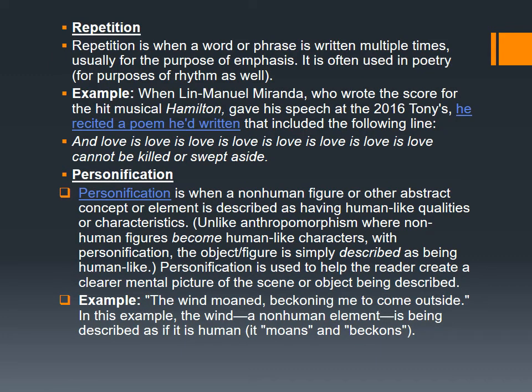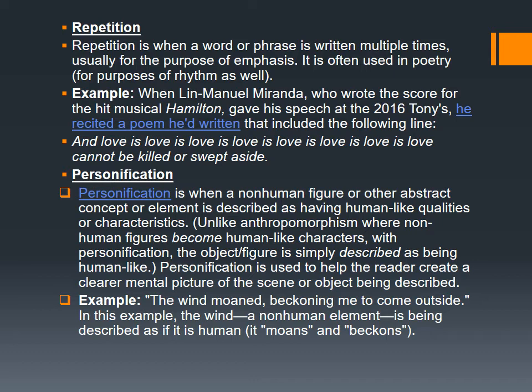Let's move on to the next literary device, repetition. Repetition, with the word itself, we know what kind of literary device that is. We know for sure that we are considering some kind of phrase or word being repeated in a piece of writing. So repetition is when a word or phrase is written multiple times, usually for the purpose of emphasis.